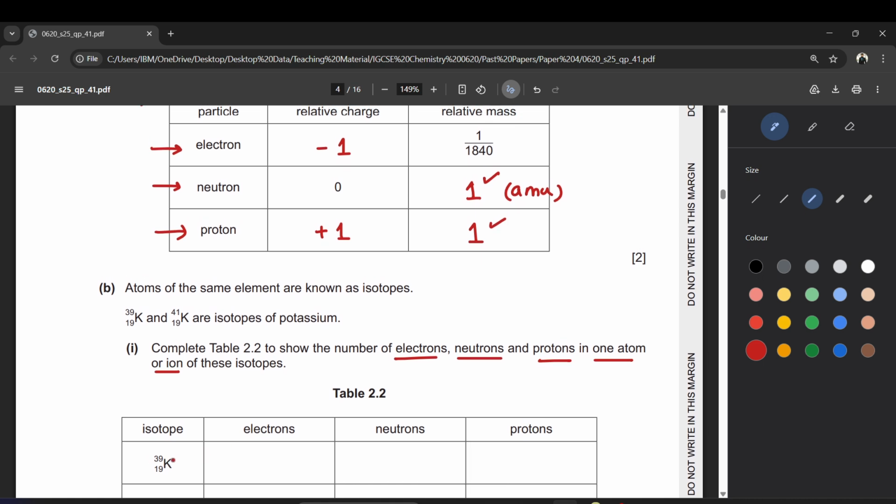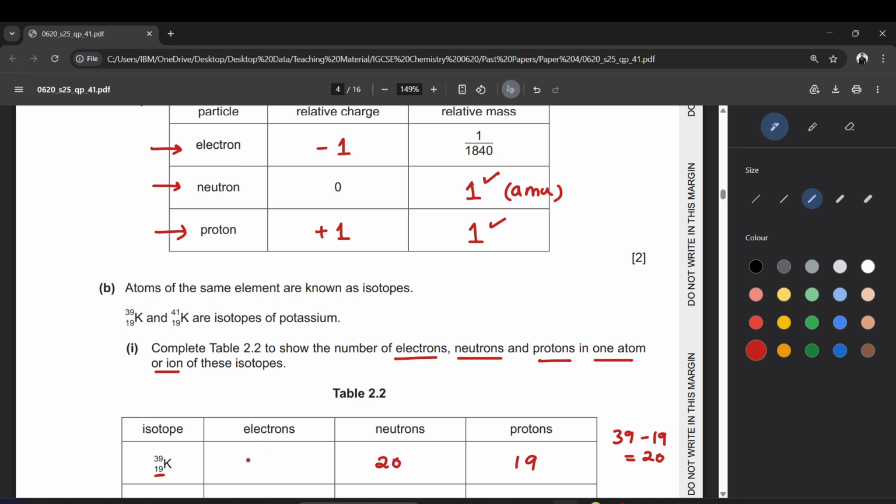Here we know that when we have two numbers, the lower number is the proton number. So this is going to be 19. The number of neutrons can be worked out by subtracting 19 from 39. So 39 minus 19 is going to be equal to 20. So this will be 20.